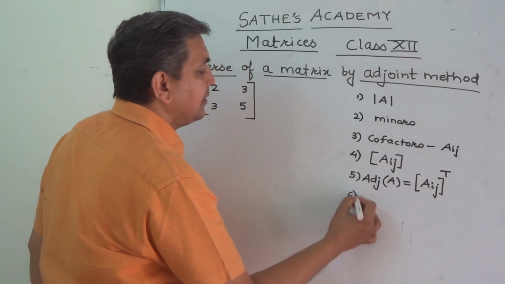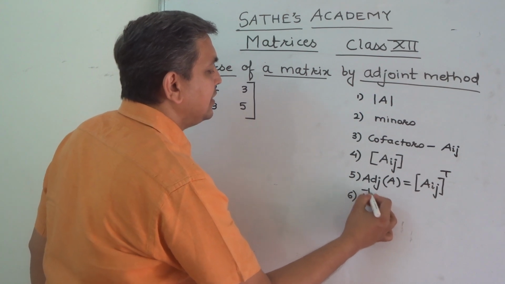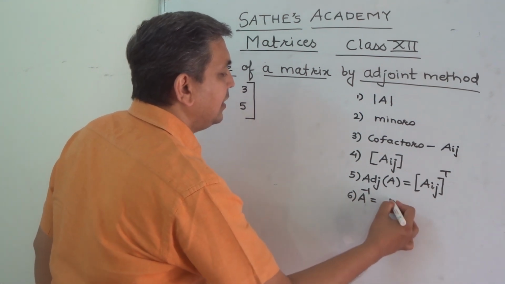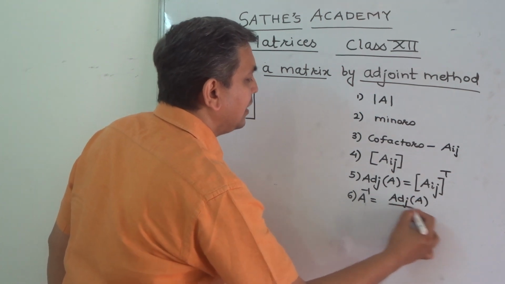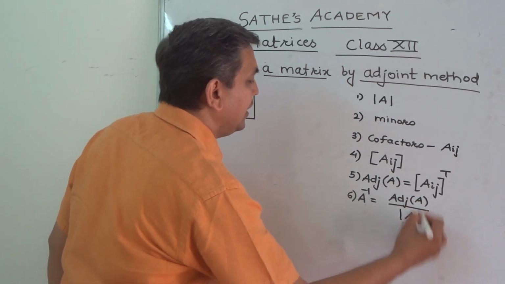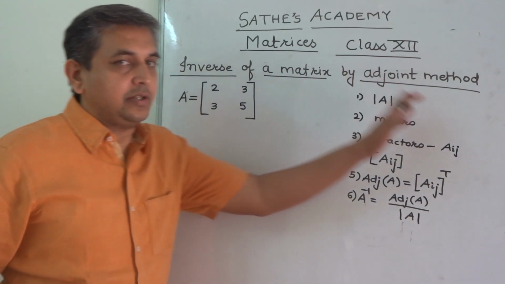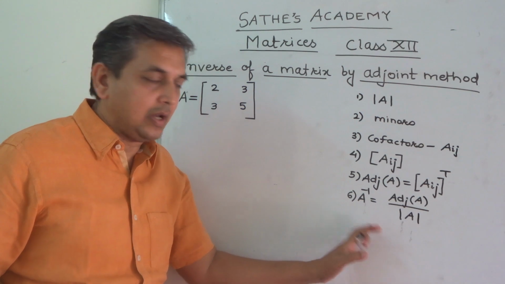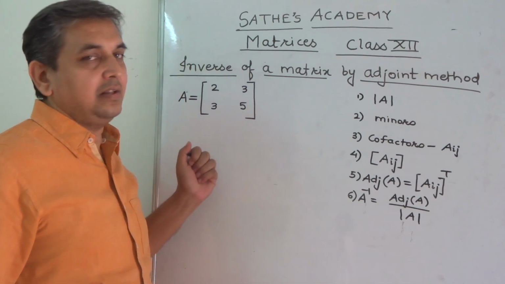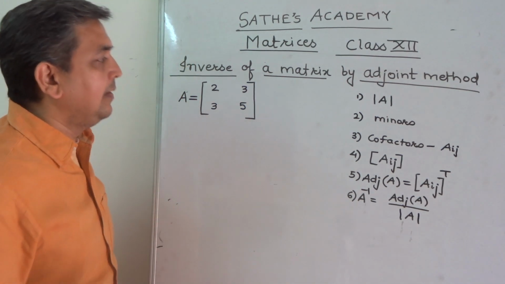And the last step, A inverse, is given by adjoint of A upon determinant of A. So these are the steps to be followed. We have to learn all these steps which are to be followed, and then the problem is very easy.